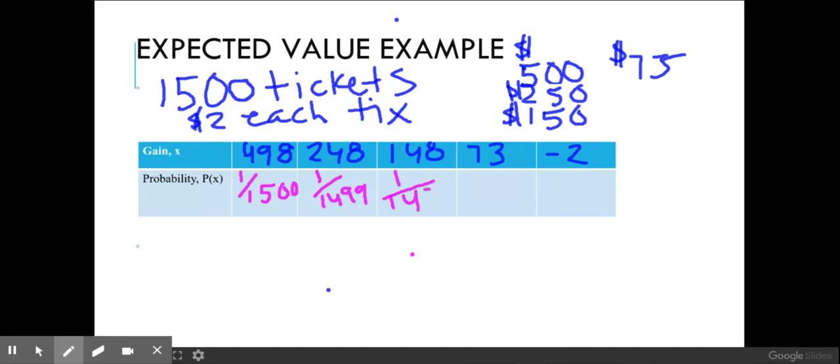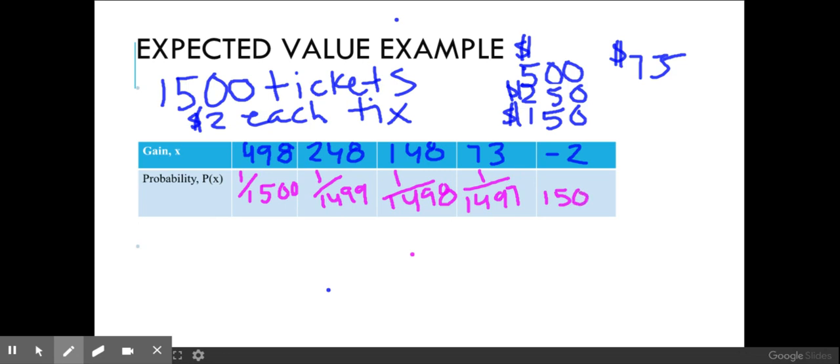Here we have 1,498 tickets. For this one, we have 1,497 tickets. And then here, whatever's left after we pick those 1, 2, 3, 4 tickets, we have the total that would be left.